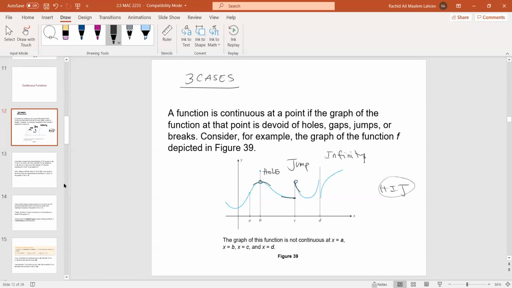All right. So what is the limit? And we will talk about this example here, if there is a hole and if there is a jump or infinity. So we already did this one, this one. I need to maybe emphasize this one a little more later.